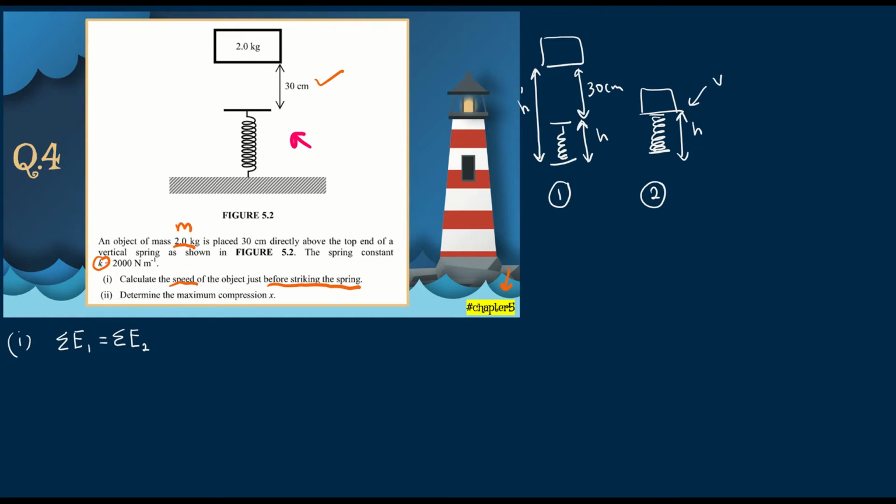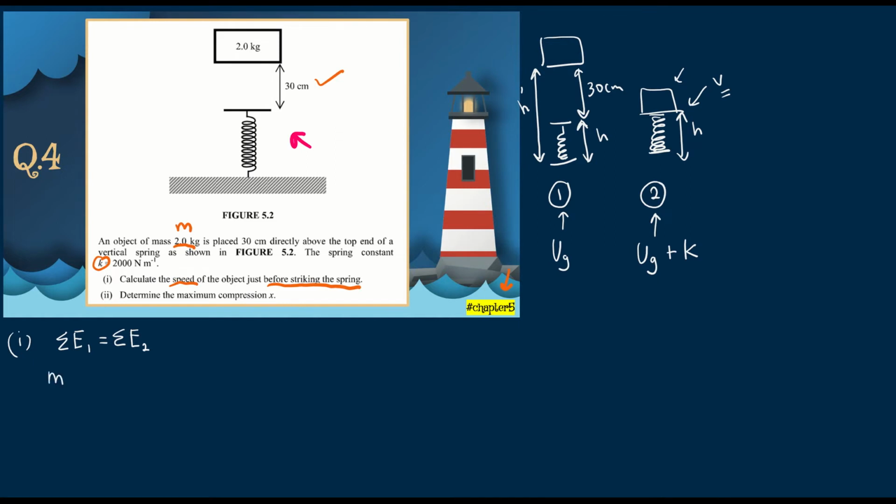For situation 1, we only have gravitational potential energy, and for situation 2, we have gravitational potential energy because it has height, and also we have kinetic energy because this box is moving. That's why we have the velocity.